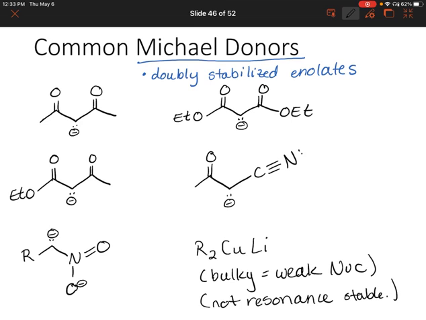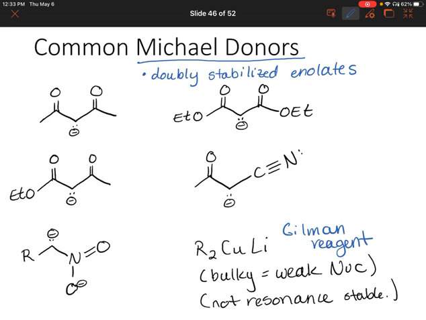Okay. So I'll just put Gilman reagent here so we remember what that is. All right, and then common Michael acceptors, because whenever you have a donor, you usually have an acceptor.